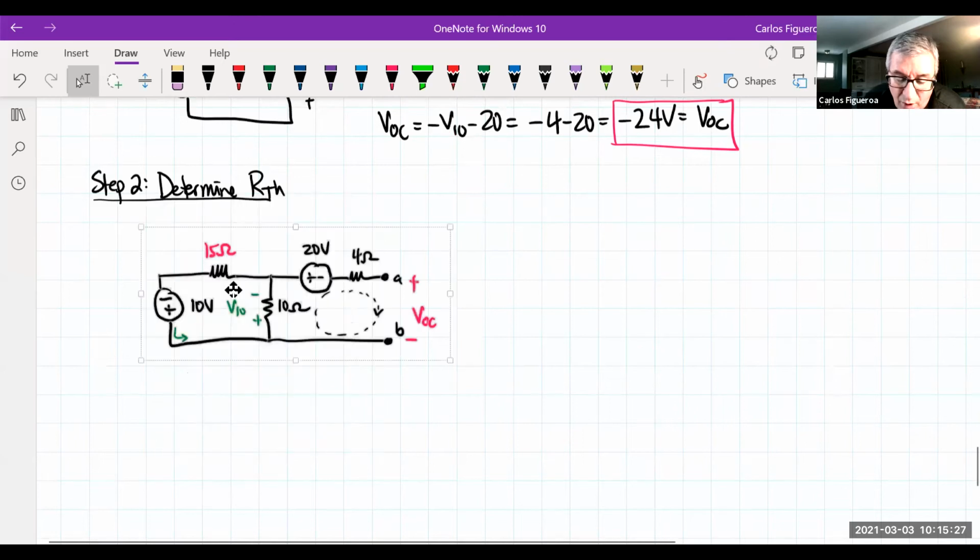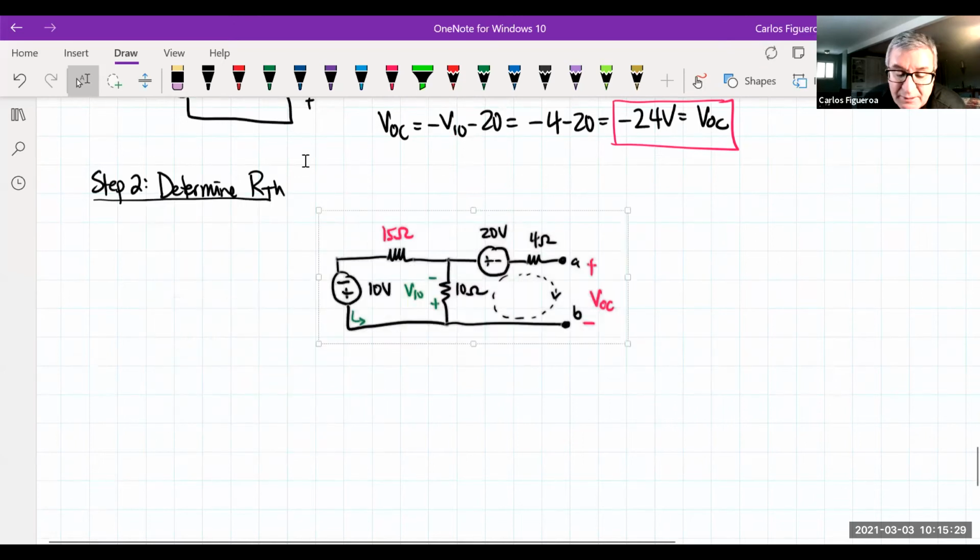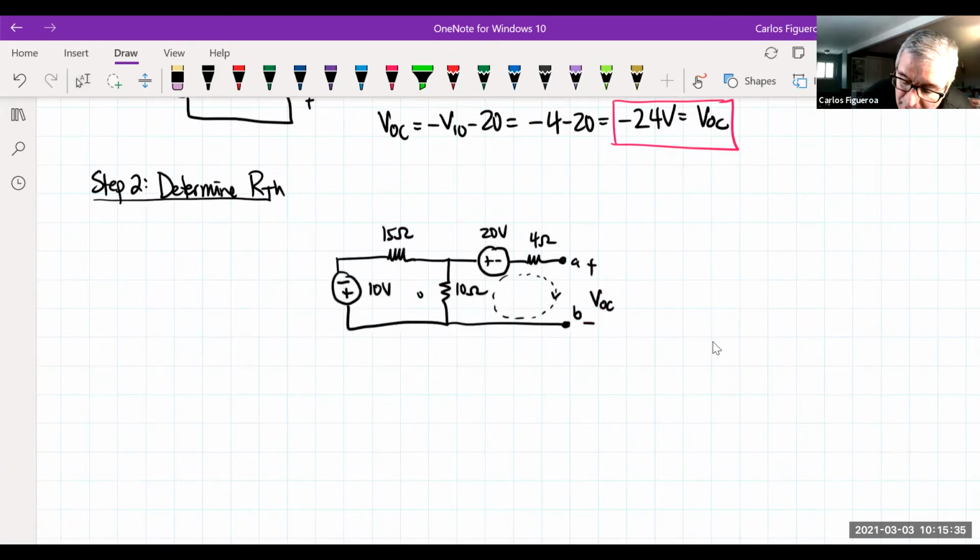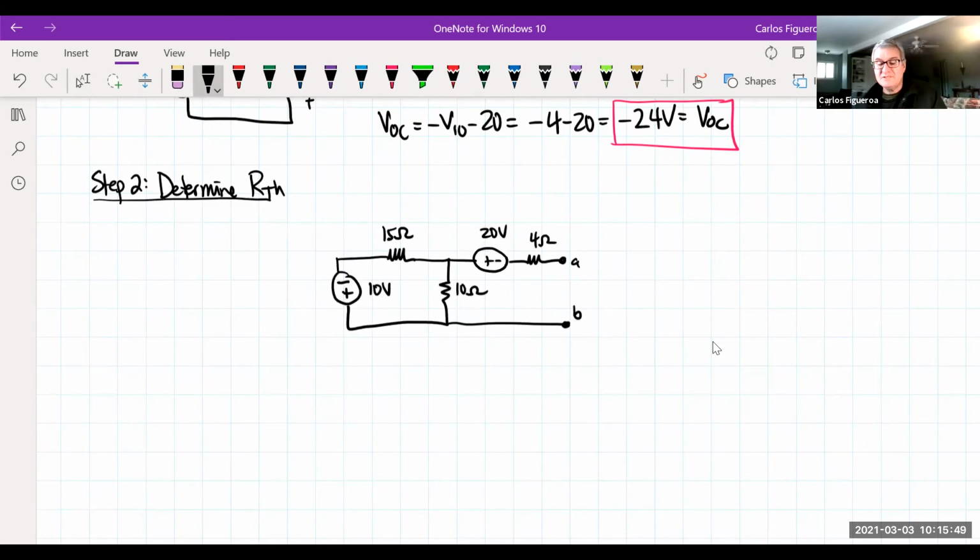So we use our simplified circuit here, right? So I'm going to get rid of this, and I'm going to get rid of all of this stuff here. This is my circuit. This is my effective circuit right here. Okay, this is my effective circuit.